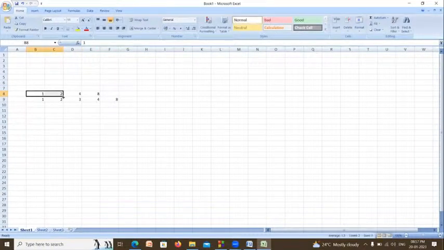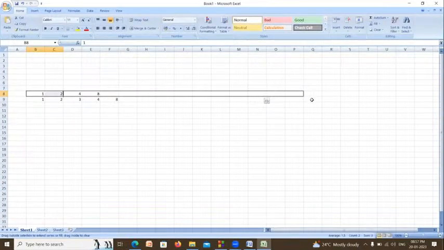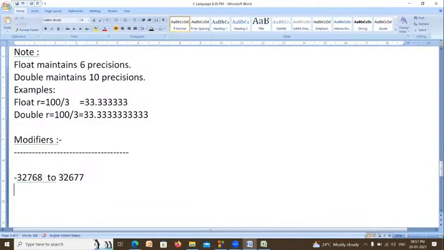In this way, if you write up to the bits, then the final value is 32,767, and the range is from minus 32,768 to 32,767. In between these two only we can store.